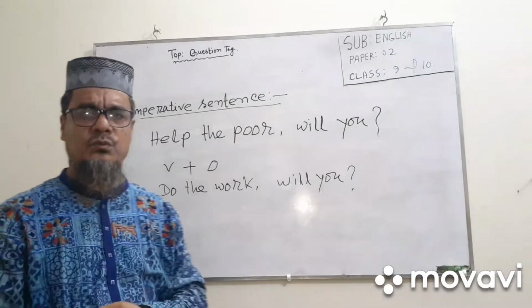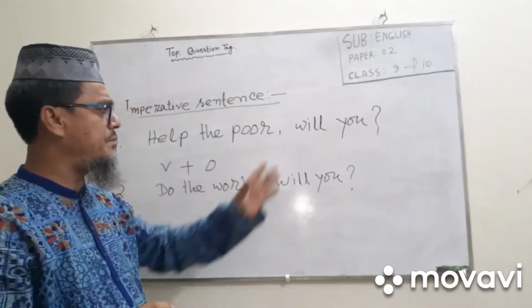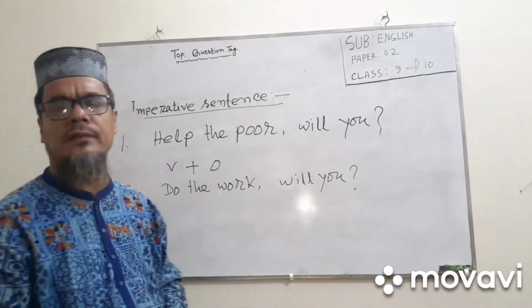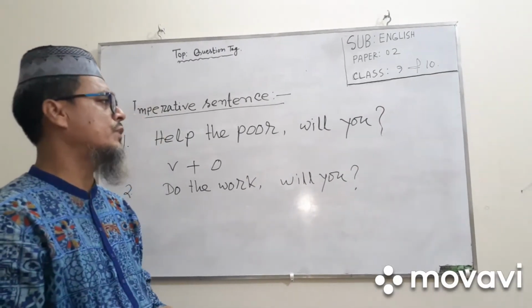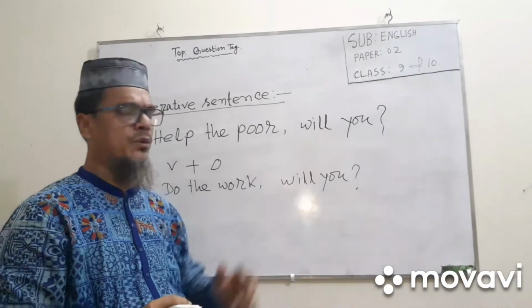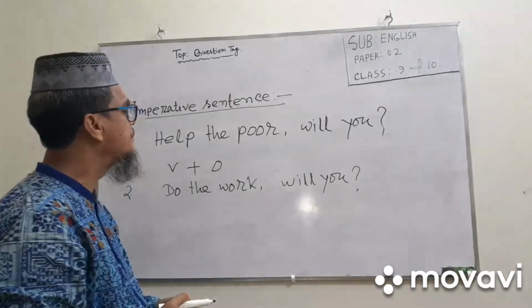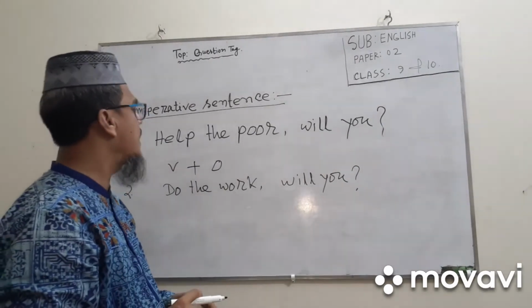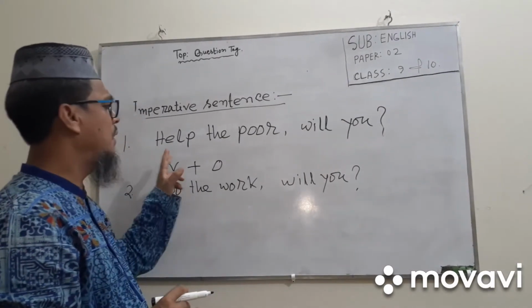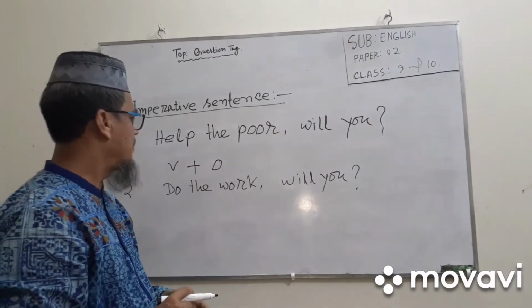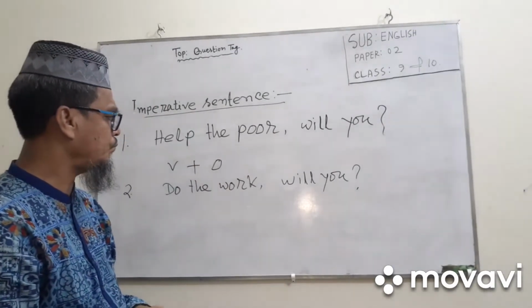If you want to solve the problem of making question tags, you have to use will you only. That means for the purpose of question tag, we have to use will you if the sentence is verb plus object.